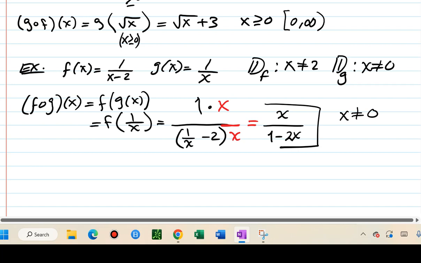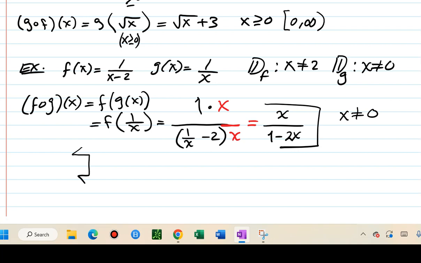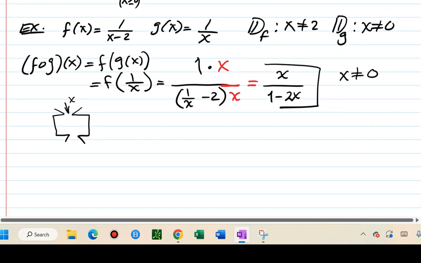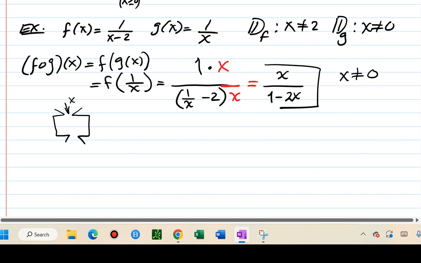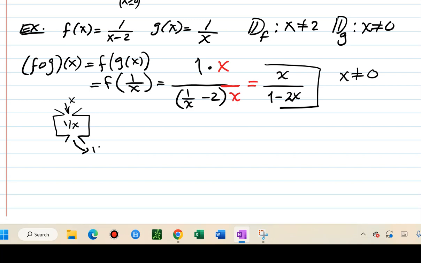Remember, again, I'm hoping the machine really helps you visualize how this composition works. For domain, it's a pain in the neck, folks. That's why I want to make sure you get this right. So we're doing the inside function first. There you go, 1 over x. Out comes 1 over x. This goes into g, right?